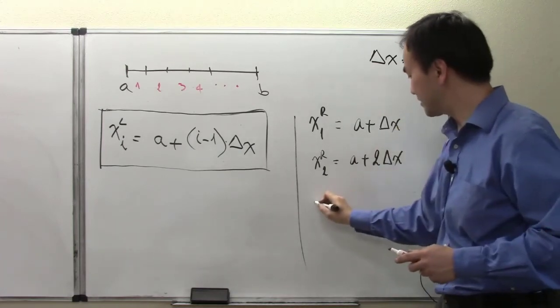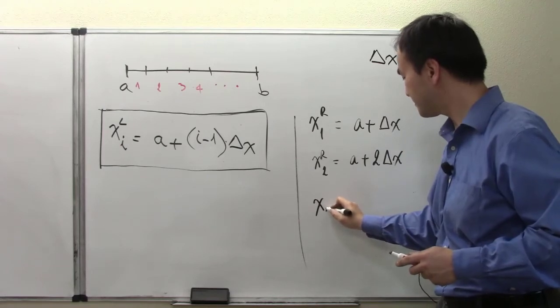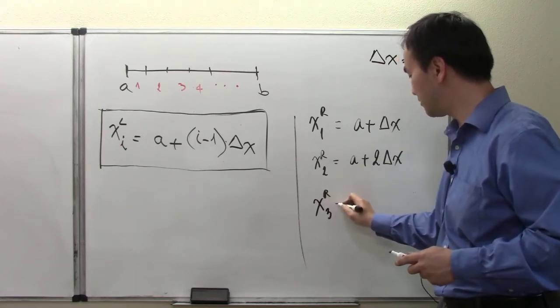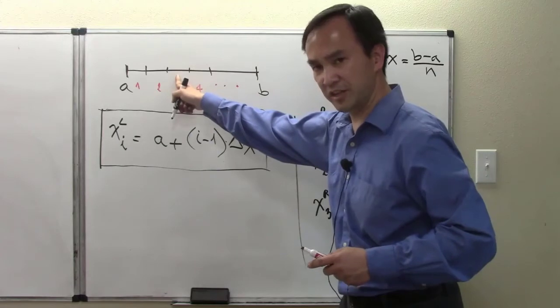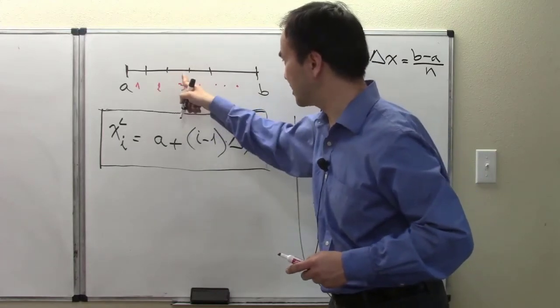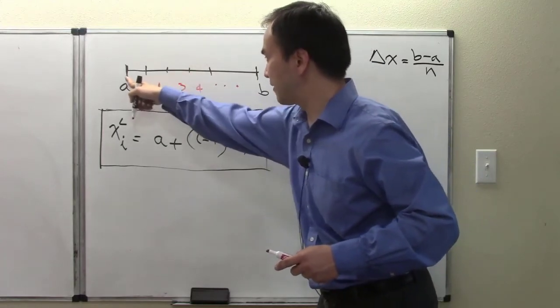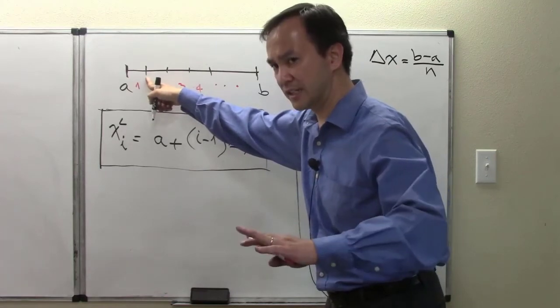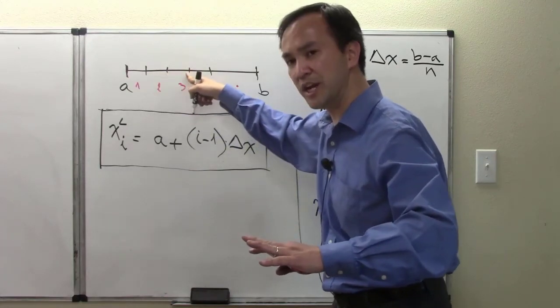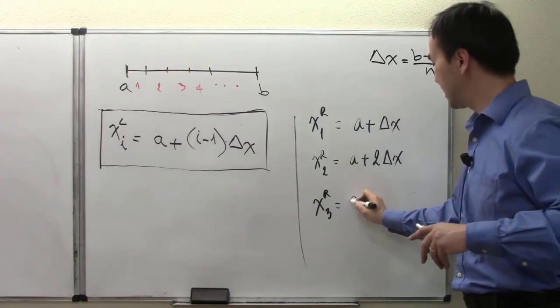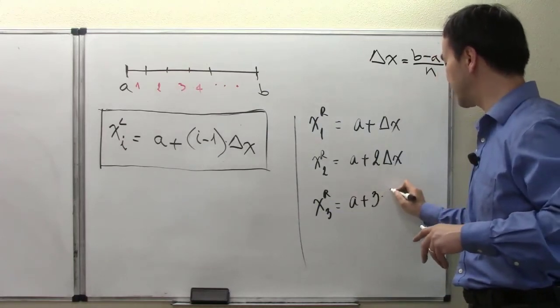And for the third interval, the right endpoint is right there. So from A it is 1 delta x to the right, 2 delta x to the right, and 3 delta x to the right. And that's why it's a plus 3 times delta x.